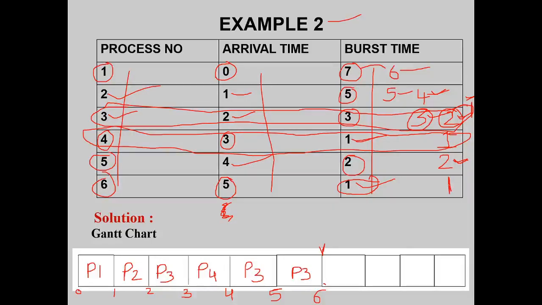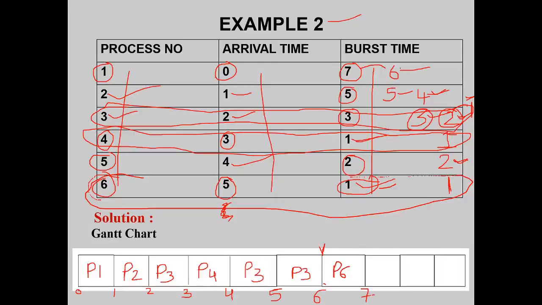Process P6 has the least burst time, so the CPU is allocated to P6, and its burst is only 1 unit. So 6 to 7, process P6 is completed.